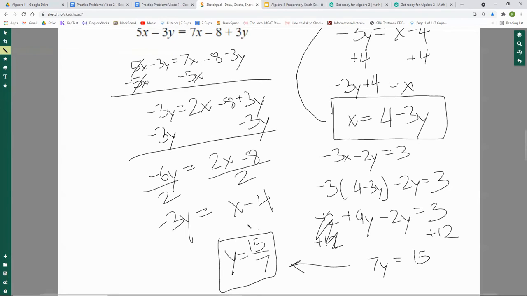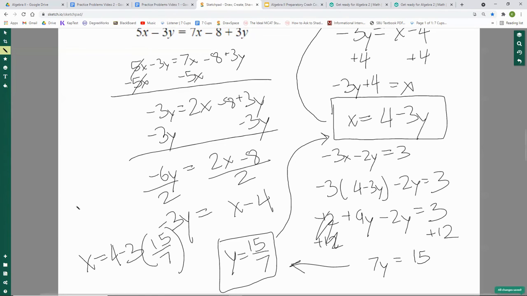Now we can go back. This was subbed in. Now we can sub this into this equation. Essentially, we're going to have x equals 4 minus 3 times y, and y is 15 over 7, so we can place 15 over 7 here. Then we multiply it out.